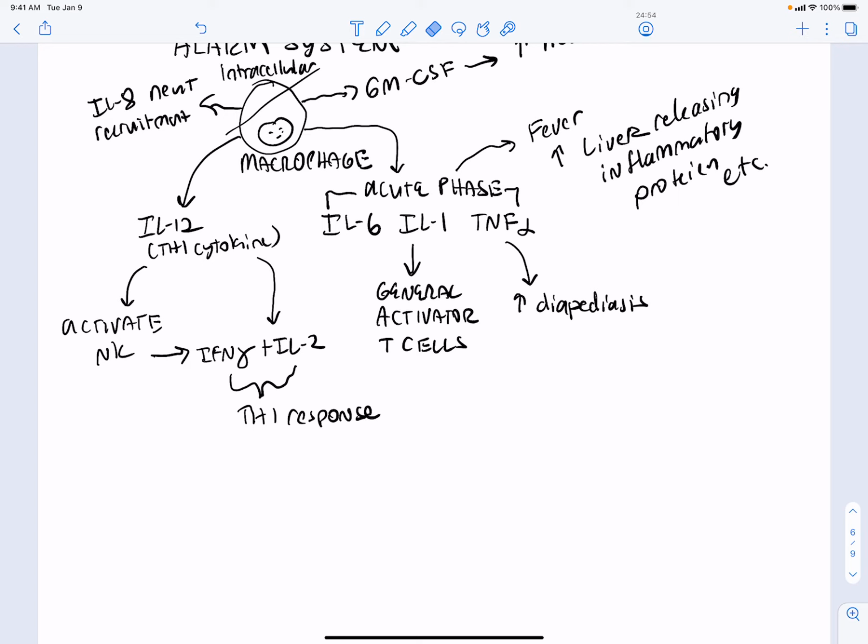I'm not going to put that in here, but we'll eventually have a CD4 T cell. And the CD4 T cell is going to make TNF alpha. And it's also going to make interferon gamma.